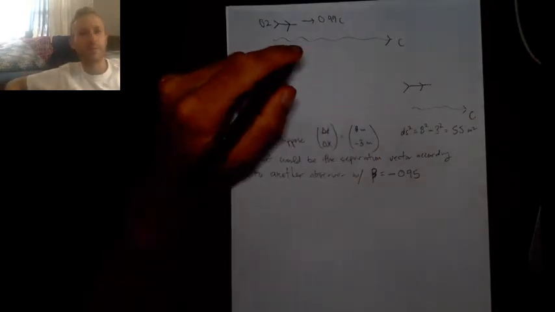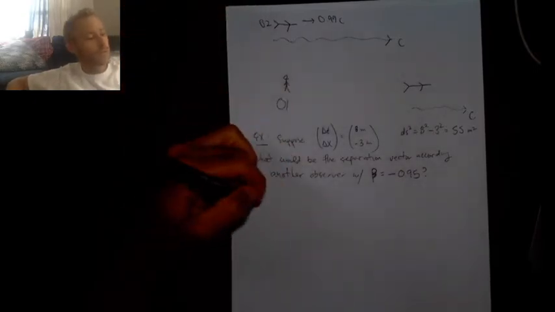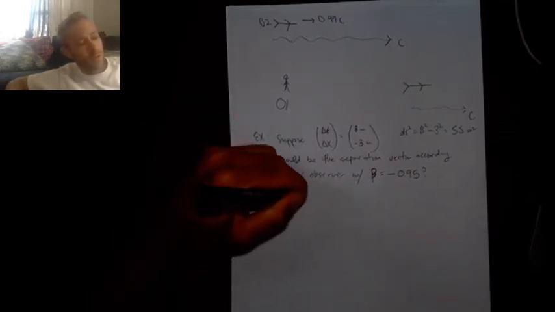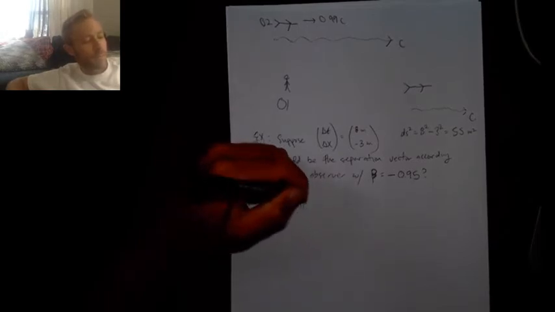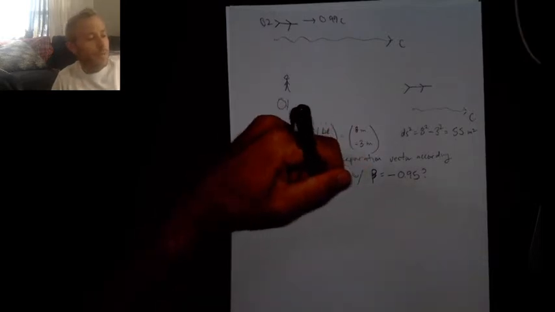The fact that it's minus means that the observer is going to the left at 95% the speed of light. So the first thing we want to do is construct the Lorentz transformation matrix. To do that, we need gamma. Gamma is 1 over the square root of 1 minus negative 0.95 squared. And so we get that gamma is 3.2.